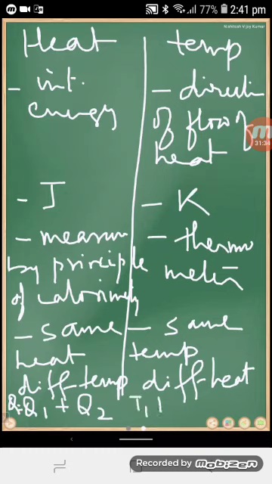Where if we have two temperatures T1 and T2, then the resultant will be, say, TR, which is going to be less than T1 but greater than T2. Okay, so that will be lying in between. So these are some of the differences between heat of the body and temperature of the body.